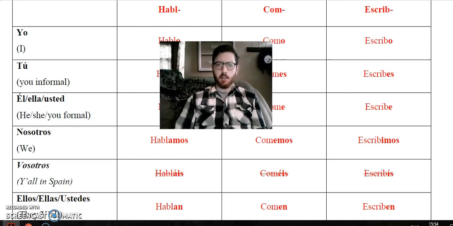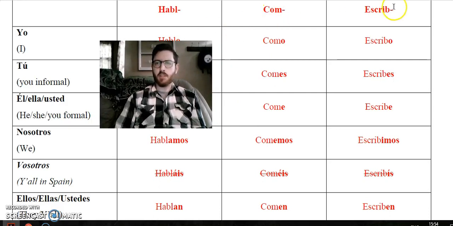And you'll note, with ER verbs and IR verbs, they all have the same exact endings, O, ES, E, and EN, the one exception being nosotros, where ER verbs end in EMOS, and IR verbs end in IMOS.